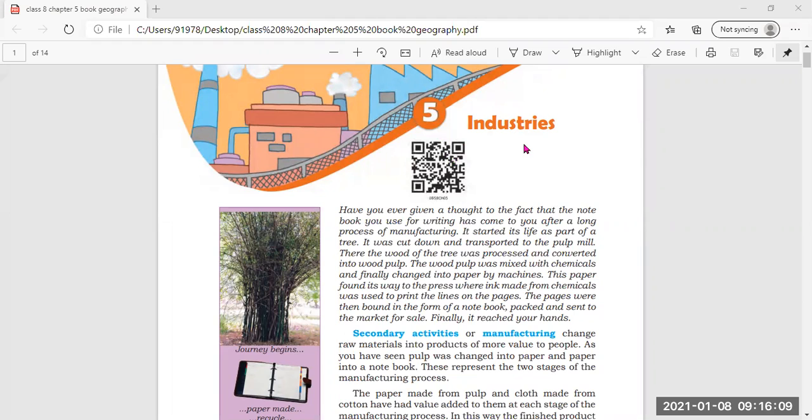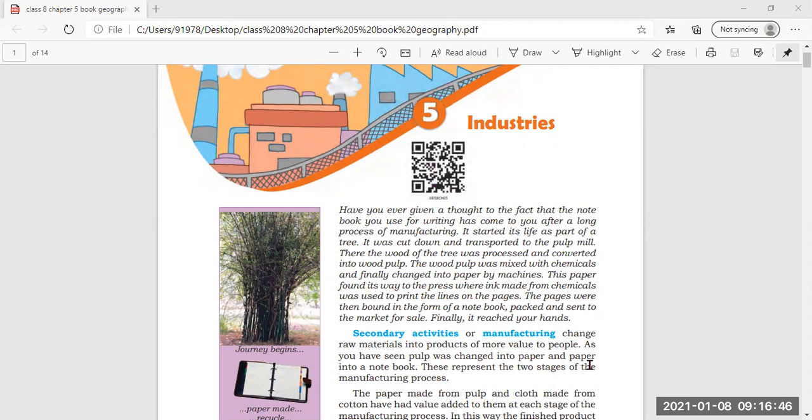In our previous class, we started lesson number 5 of geography, industries. We have seen that whatever things we use in day-to-day life are final products, and those things reached the final product by passing through many stages of economic activities. We can refer to these as secondary activities or manufacturing activities, which change the raw material into a product of more value to the people.